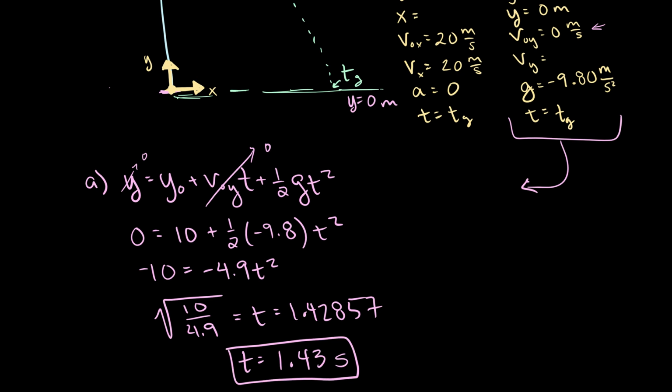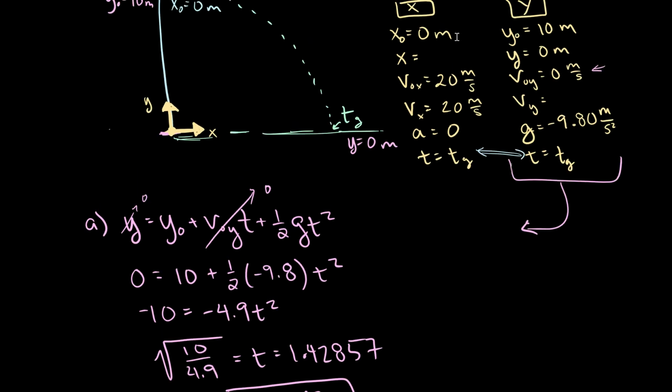So that's how I solve A. Now that I solved A, I know that the time is what connects these two lists of variables. Nothing is really the same except for the time. The time that it hits the ground is going to be the same for the x and y.